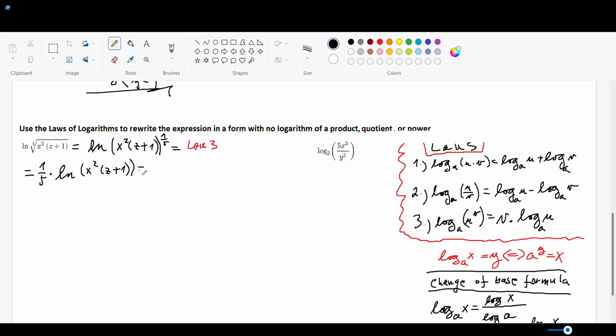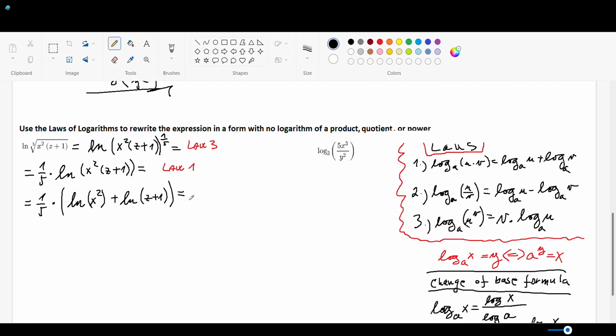So now, as you can see, we have the multiplication here, so we will use the law of the product, so basically law number 1. When we do so, it's going to be 1 over 5 times, let me put the parentheses here, the natural logarithm of x squared plus the natural logarithm of z plus 1.